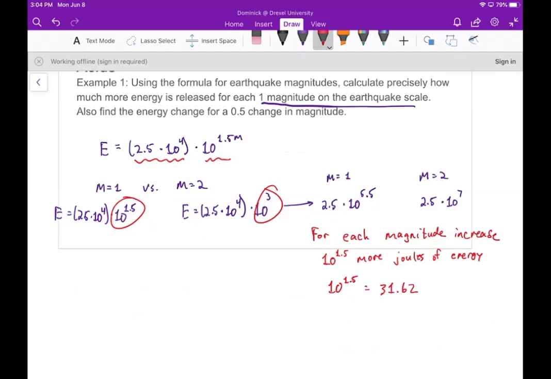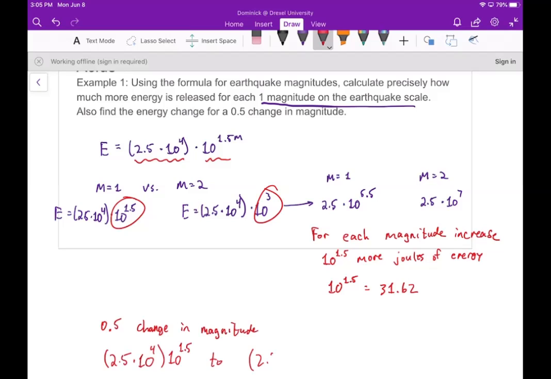Right? So now, of course, if you were to do the same thing for a 0.5 change in magnitude, for example, you would go from 2.5 times 10 to the 4, and we'll go from 1 to 1.5, so that we have 10 to the 1.5.